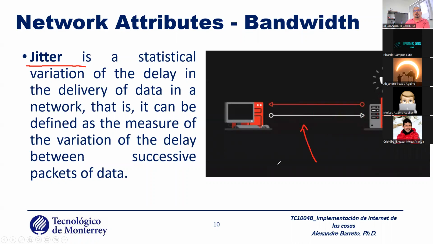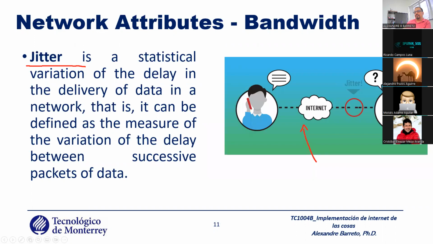Pay attention here. Okay, 1, 2, and it changes. And when it changes, you lose some information. Okay. The jitter is an important property to check, for example, in voice.